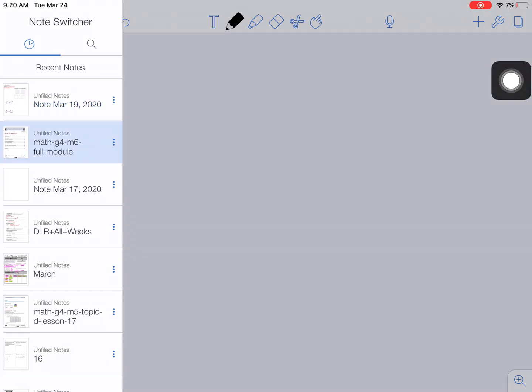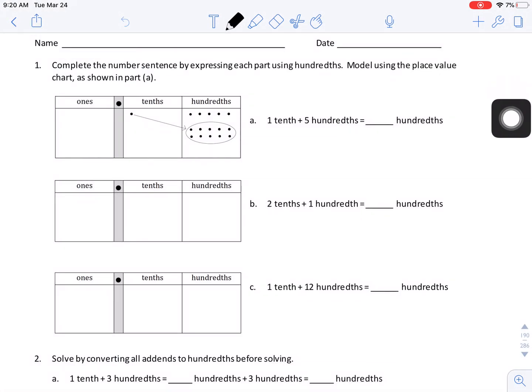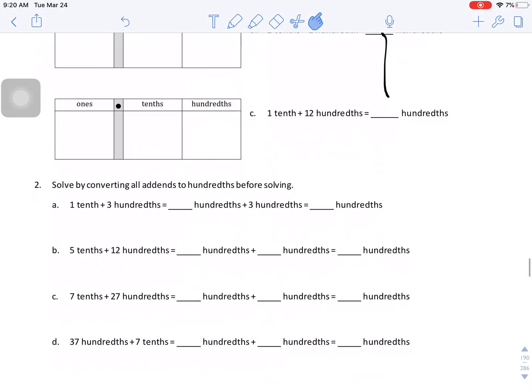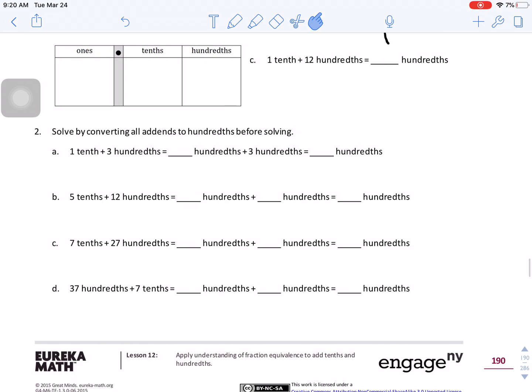On your homework today, it is a lot like this problem set. We just practiced these, so you will see that you can represent it on a place value chart and regroup. Then, on number two down here, you will do the unit form, so 1/10 plus 3 hundredths. You will have to regroup the tenth into hundredths.